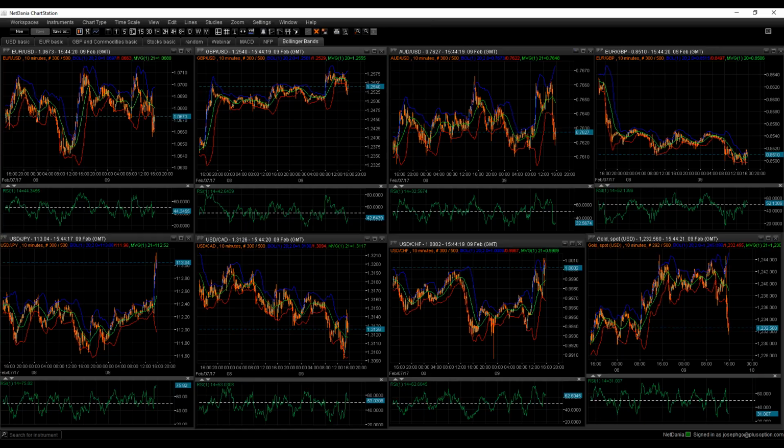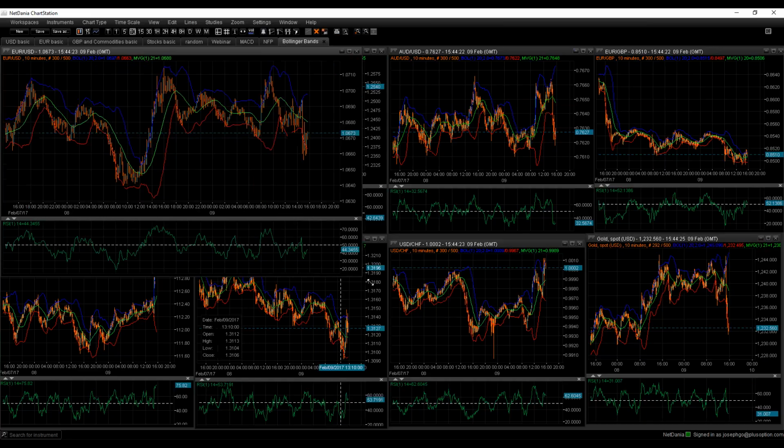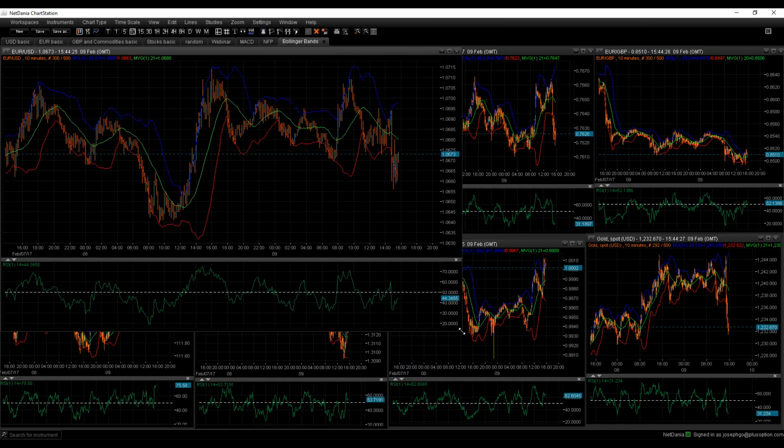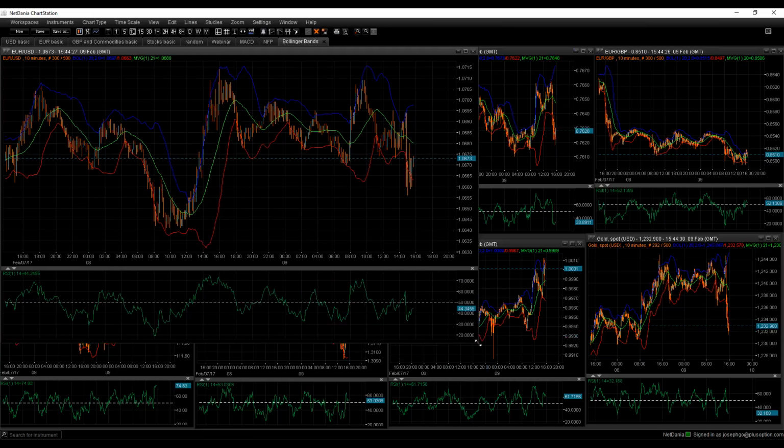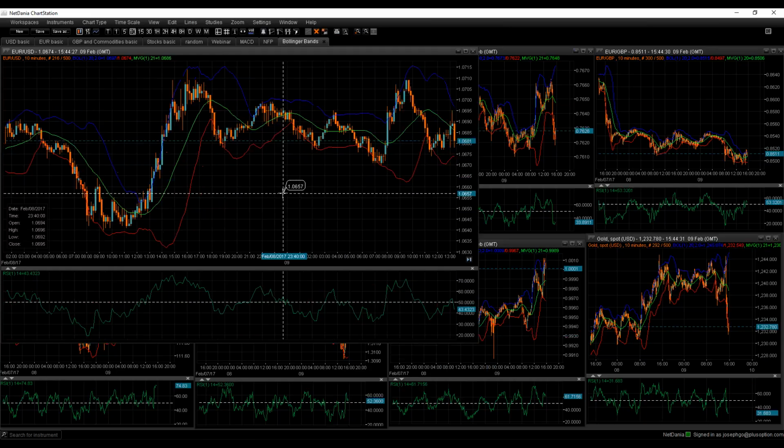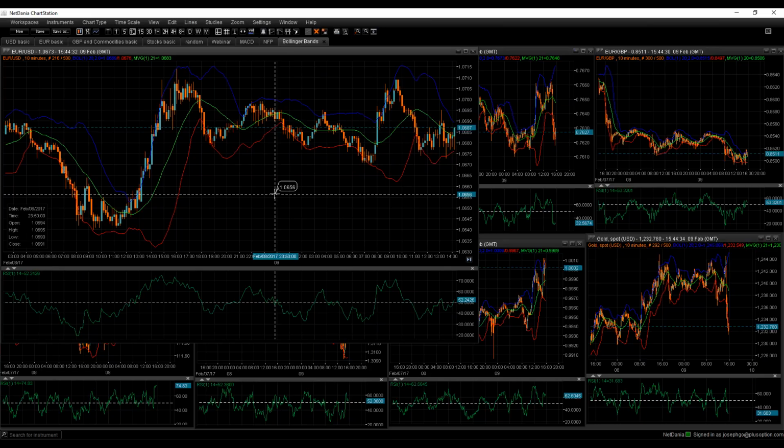So Bollinger Bands. Determining the momentum of a trend can be challenging, especially during volatile market conditions after a big news event.